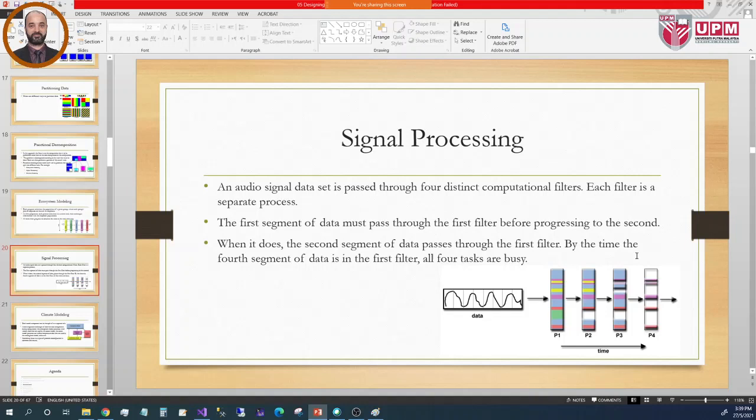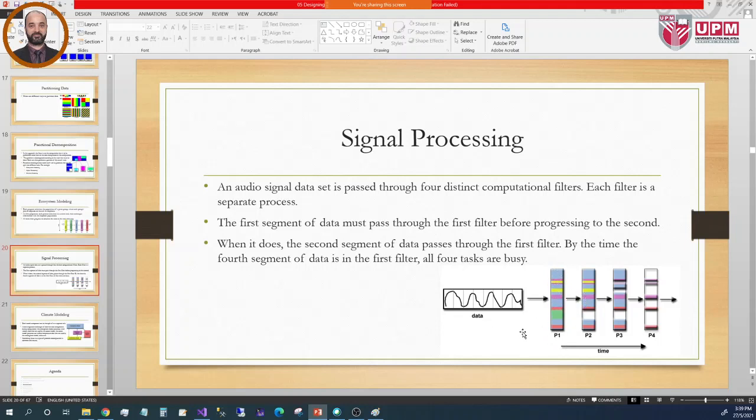If the nature of processing that signal based on those filters is sequential, then we cannot run them in parallel.